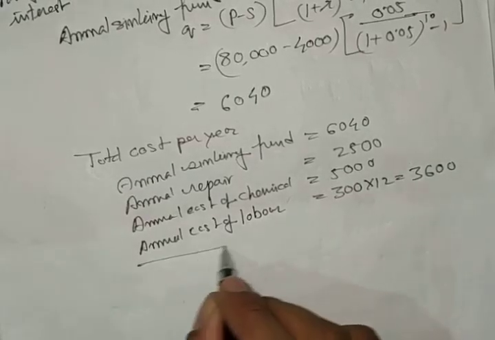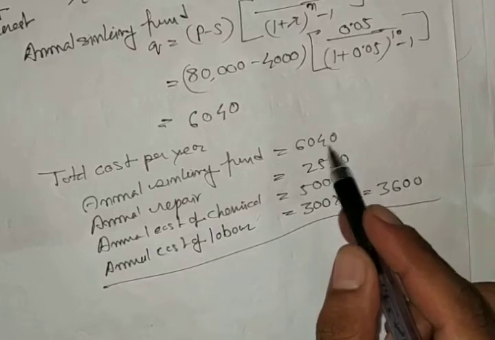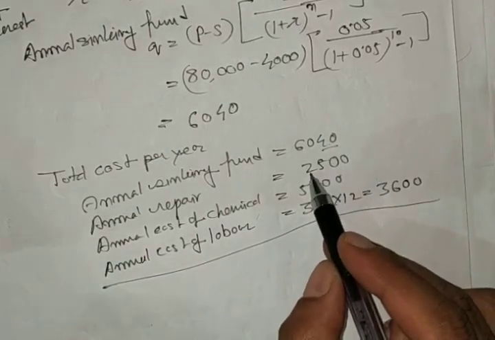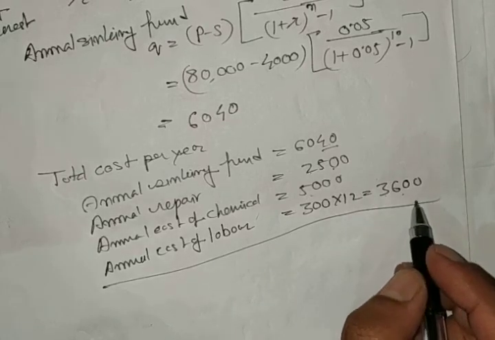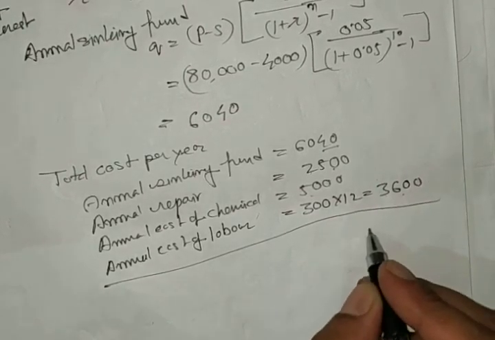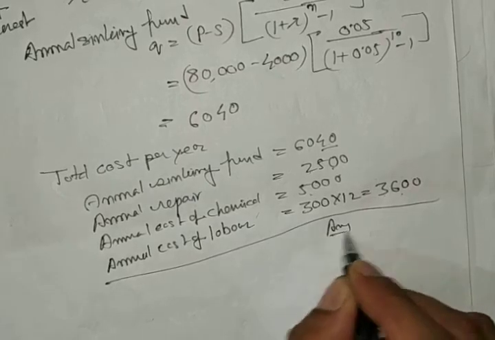Now you have to add all this: 6,040, 2,500, 5,000, 3,600. If you add, you will get the answer.